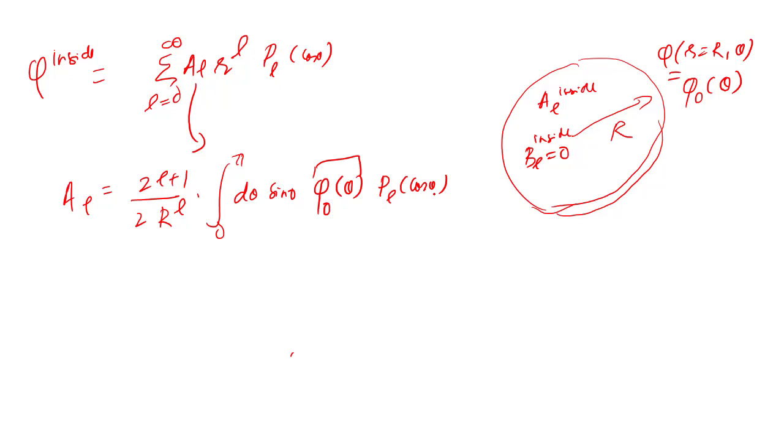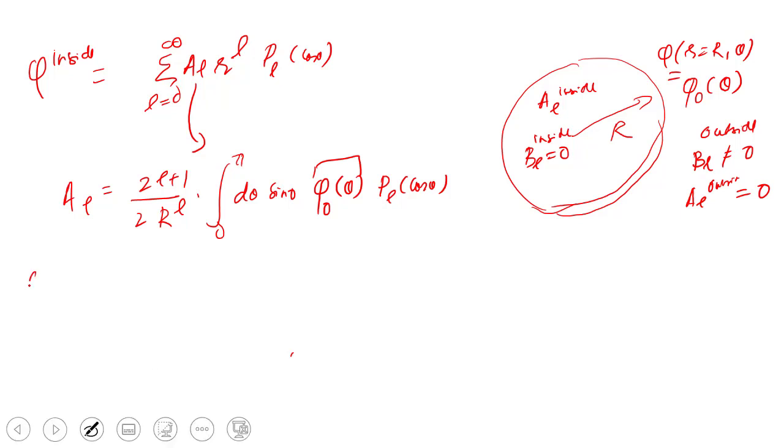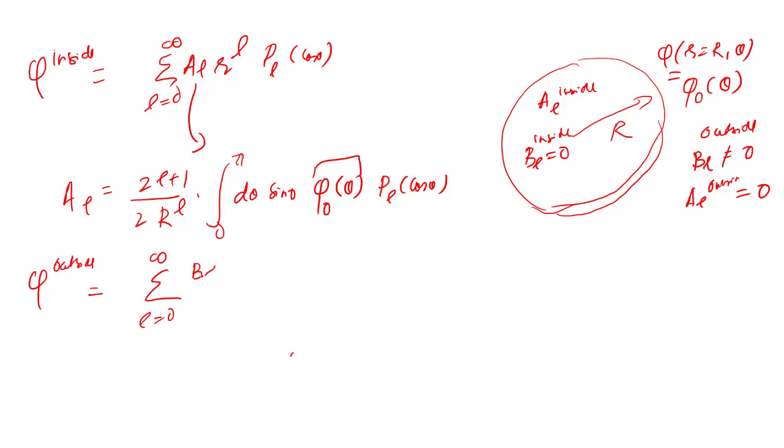And similarly outside, we figured out that B_L outside is not equal to 0 and A_L outside is equal to 0, and so we expressed phi outside as the sum over L from 0 to infinity of B_L divided by r^(L+1) P_L(cosine theta).